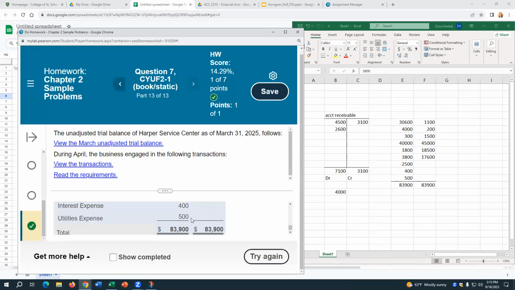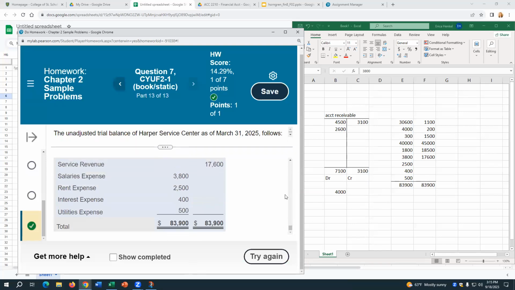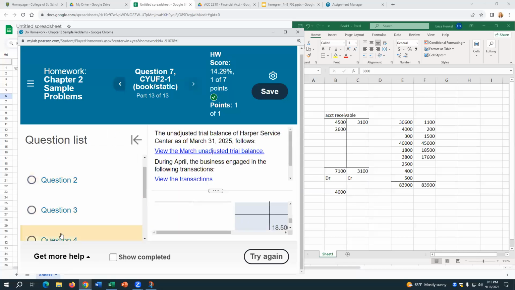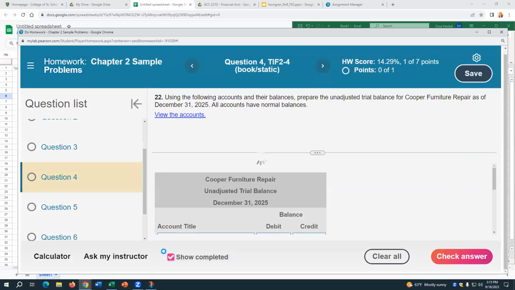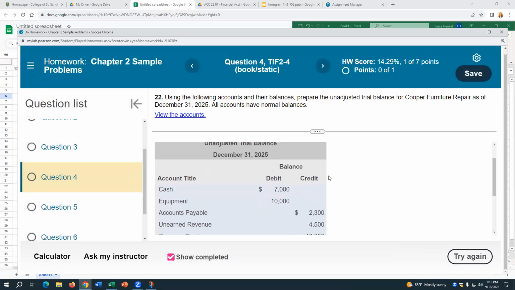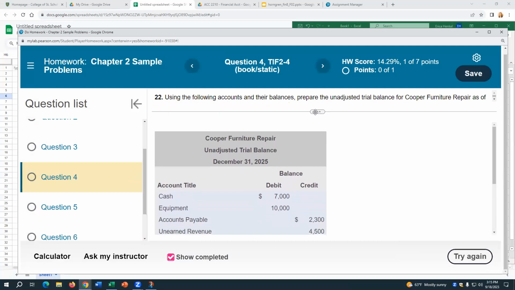All right, so we went through that and we got all the way through creating that unadjusted trial balance there. And then y'all did number 4, right? So here's what you should have come up with on number 4.